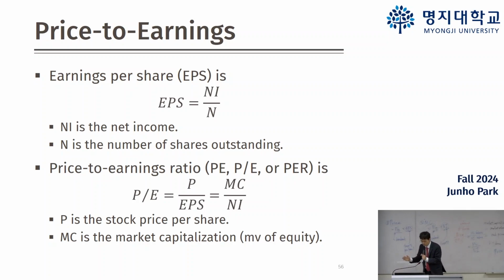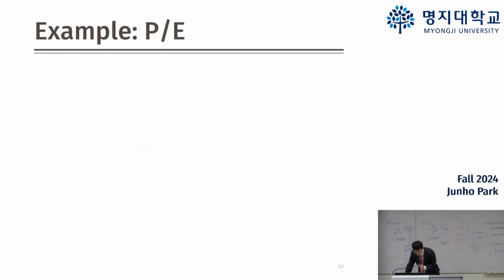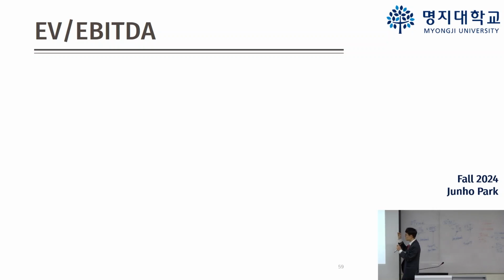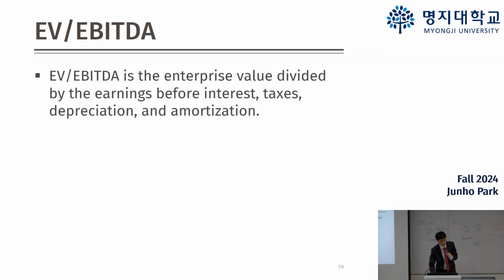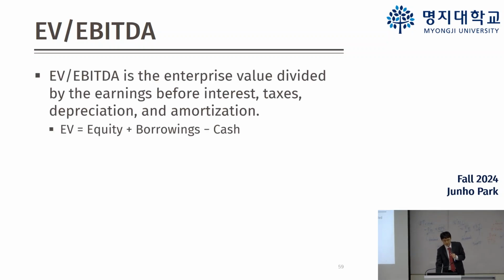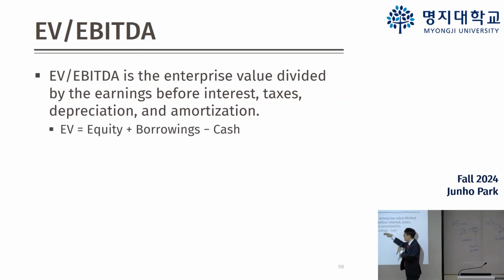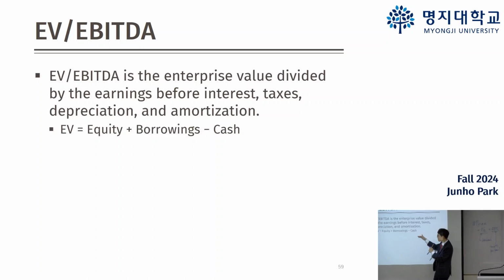So to overcome these limitations, nowadays, a more frequently used proxy is EV over EBITDA. Here we have EV, the enterprise value, and the enterprise value is calculated the same as we learned.